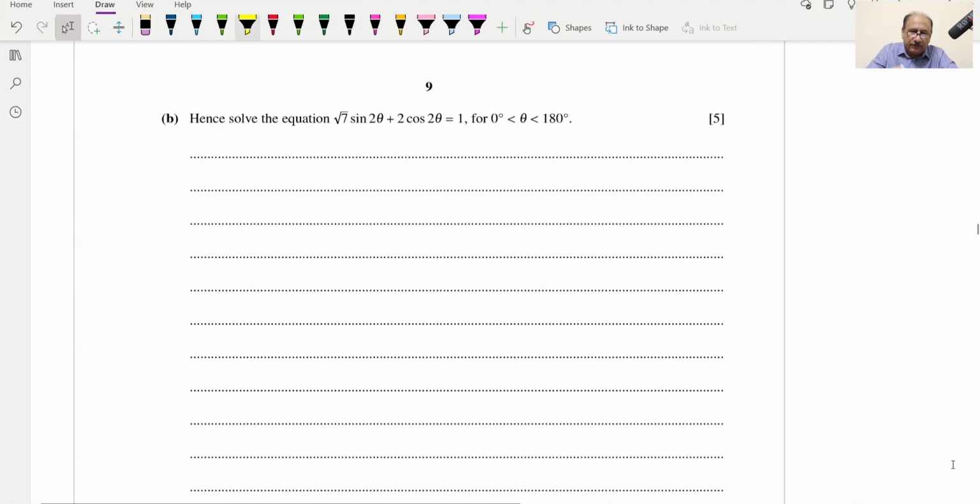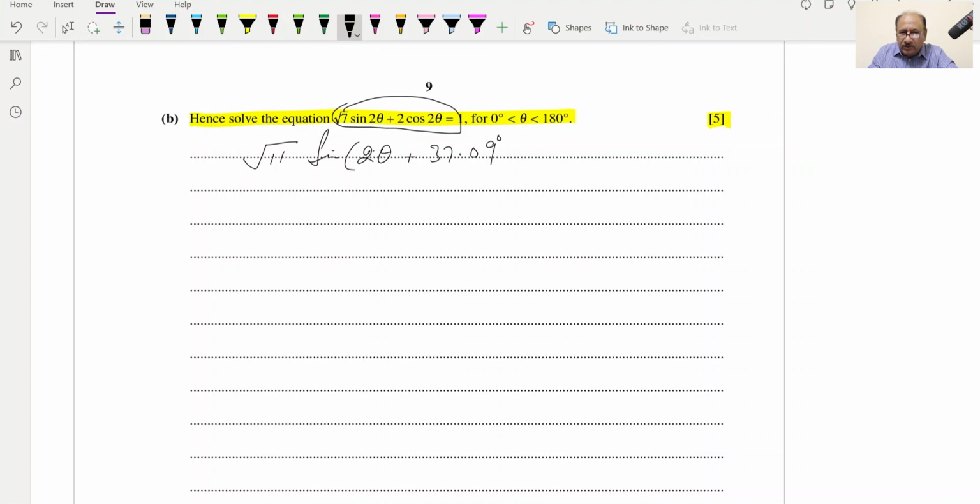B part says hence solve the equation from 0 to 180 degrees. This is also a 5-mark part. So the equation which we got was root 11 sine of, and we can apply the same equation for 2 theta, so it will be sine of (2 theta plus 37.09 degrees), and this is given as equal to 1.